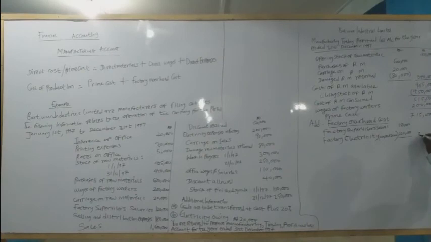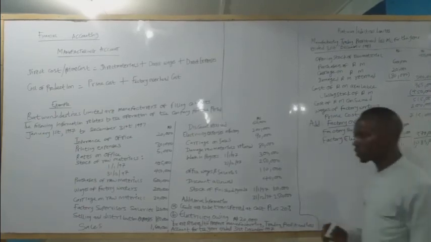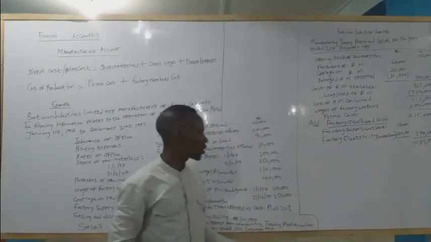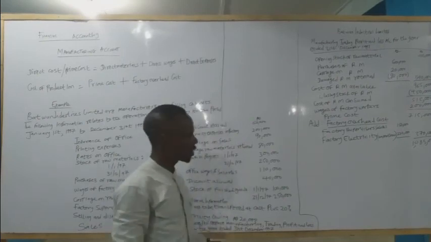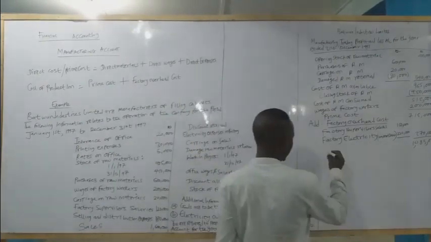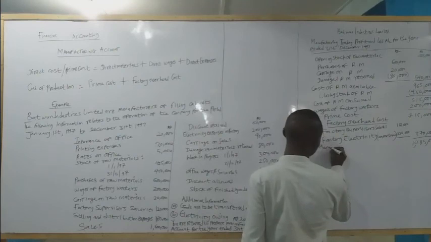I'm putting it here, 370,000. So the total of this then gives me 1,085,000. This now is my what? Manufacturing cost. This is my manufacturing cost.